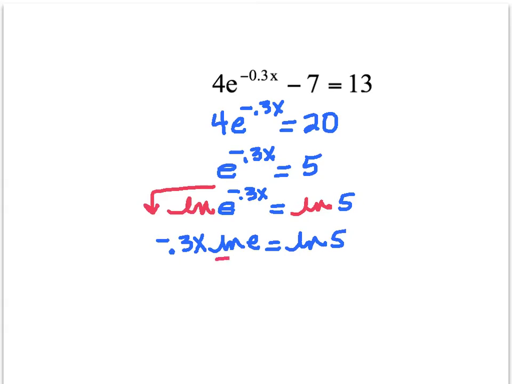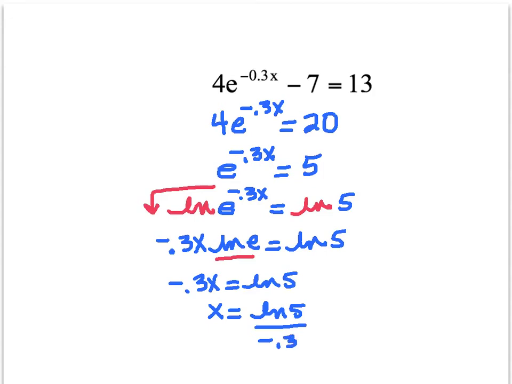But the natural log of e is equal to 1, and so I get to say negative 0.3x times 1 is equal to the natural log of 5. And finally, to get x to sit by itself, I'm going to divide both sides through by negative 0.3. X is equal to the natural log of 5 divided by negative 0.3.